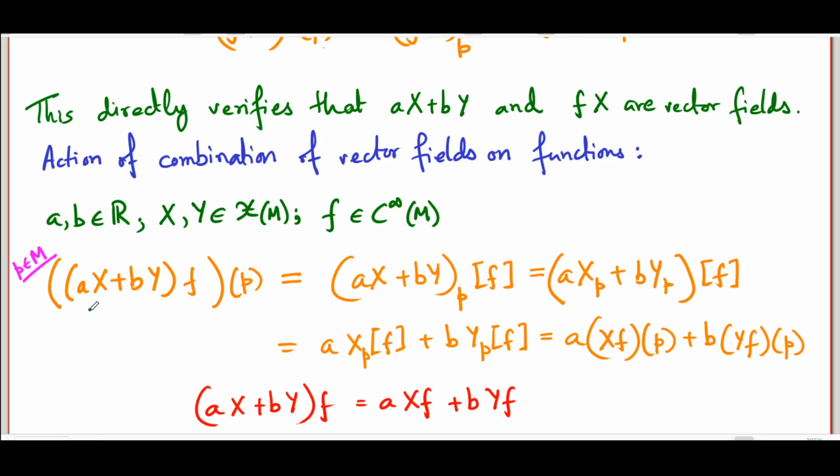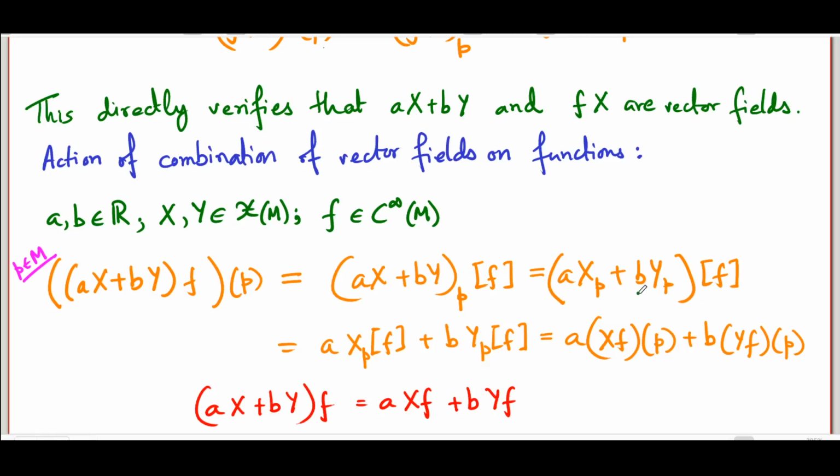aX plus bY acting on a function f gives rise to a new function whose value at the point P is simply the vector field aX plus bY's value at the point P, this tangent vector, eating up the function f. And by definition, aX plus bY at the point P is given by a times Xp plus b times Yp acting on the function f.